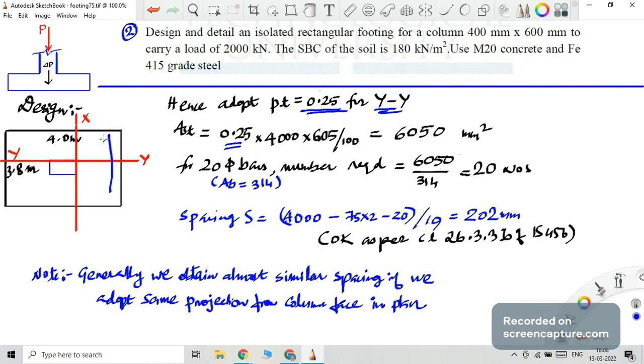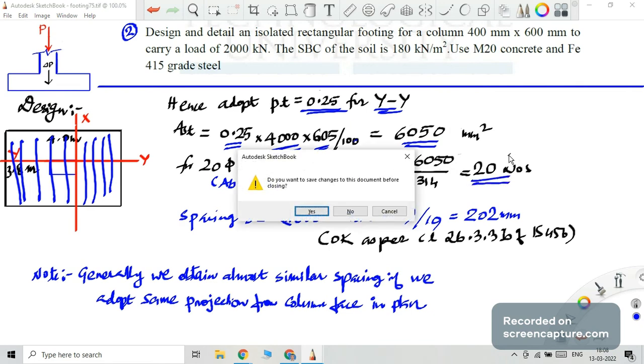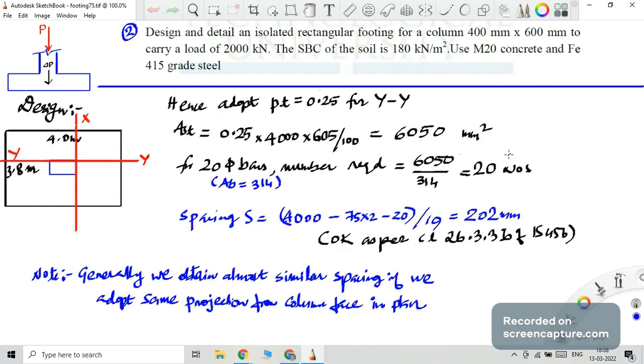Now we are going to design reinforcement for this direction. So breadth is 4 meter. 605 is the effective depth. So from that AST is 6050, and if you use 20 dia bar again, you need 20 numbers.